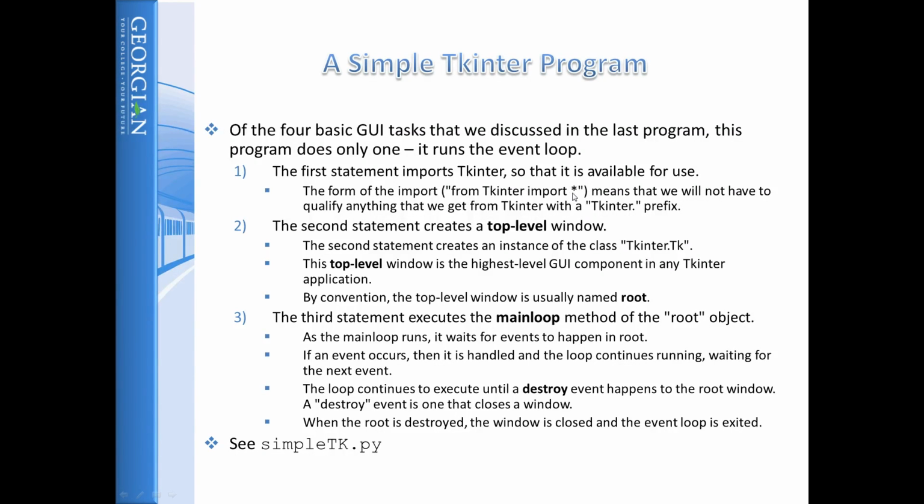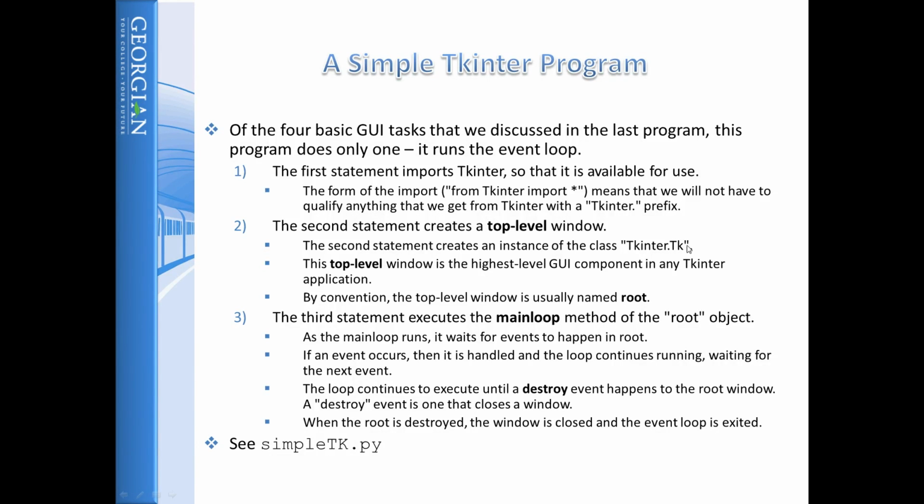So think about this. This star is almost like a wildcard that allows us to take away the Tkinter prefix. Okay. Second statement creates this top level window, which is exactly what we do with Pygame. So instead of once we say tkinter.Tk, right? That's the normal statement. That's the instance of the class. But now we don't need the tkinter.Tk. All we have to do is Tk.